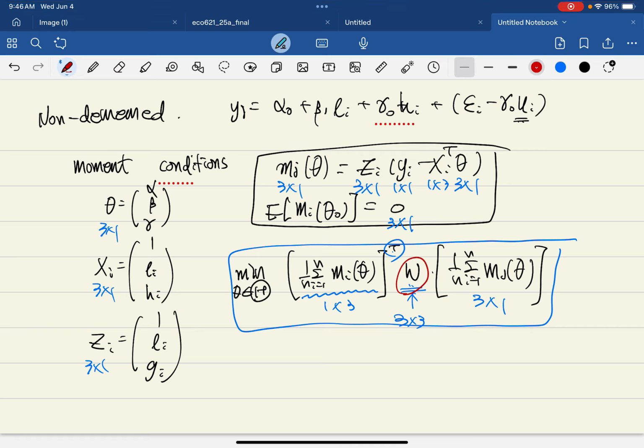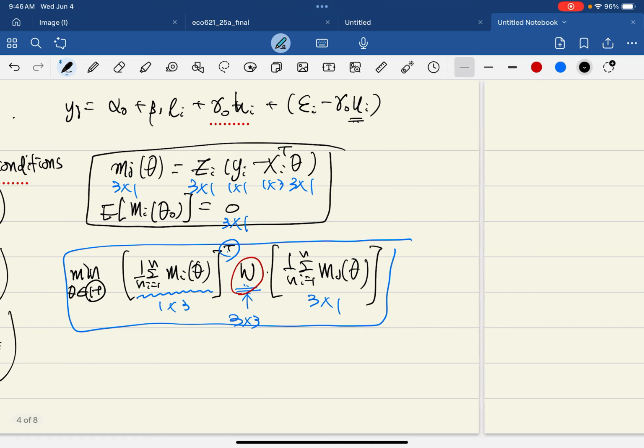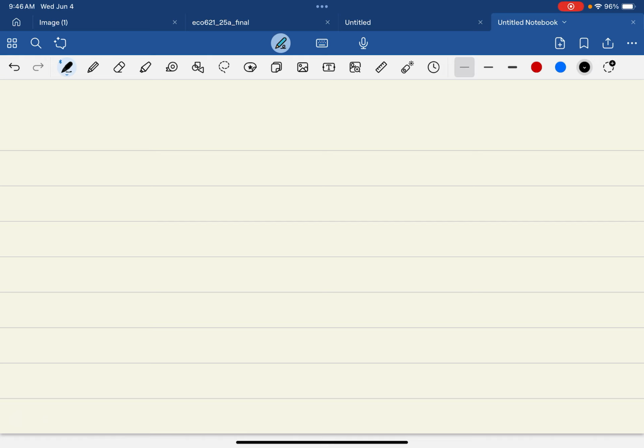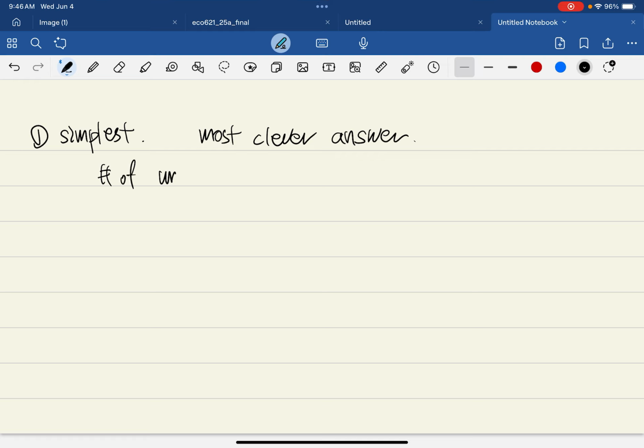And there are several possible answers. Correct answer, version 1: the simplest and, I would say, most clever answer I expected is that the number of unknowns equals the number of equations, the moment conditions. So the weight matrix W does not matter.